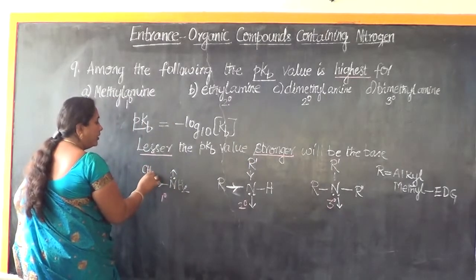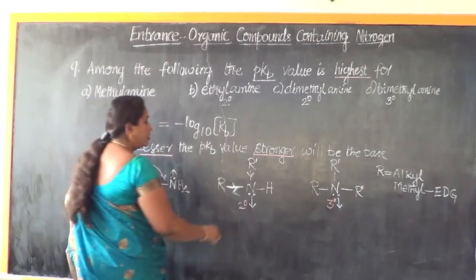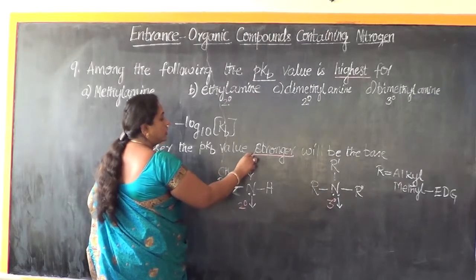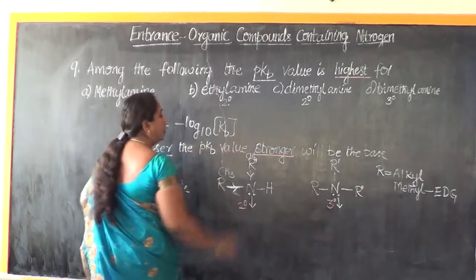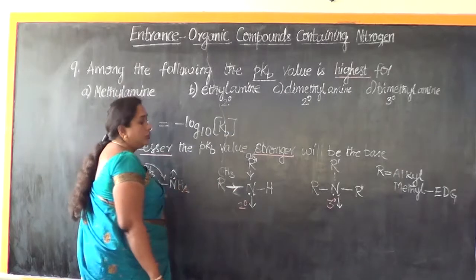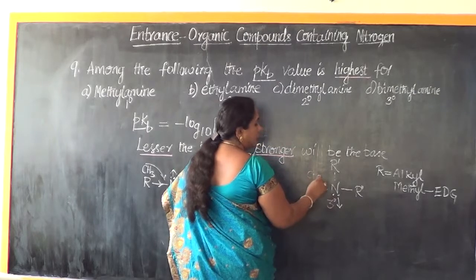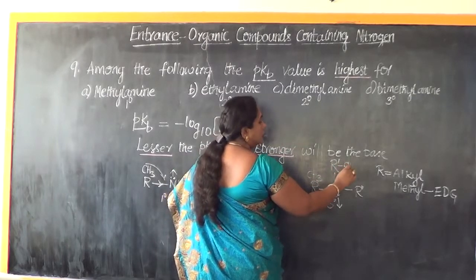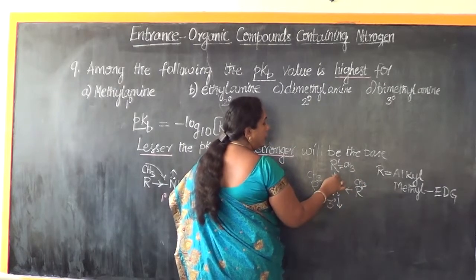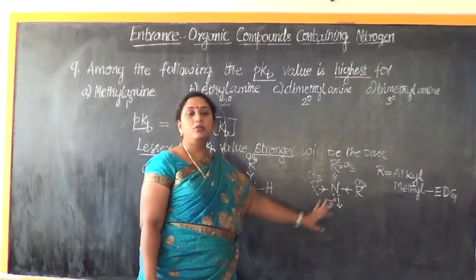Say for example methyl, the carbon atom will donate electrons to nitrogen. Here also this is CH3, this is also CH3, because we are talking about dimethylamine. Both these methyl groups are going to give electrons to the nitrogen, and in trimethylamine, all these three R's are CH3, and all of them will be donating electrons to the nitrogen atom.